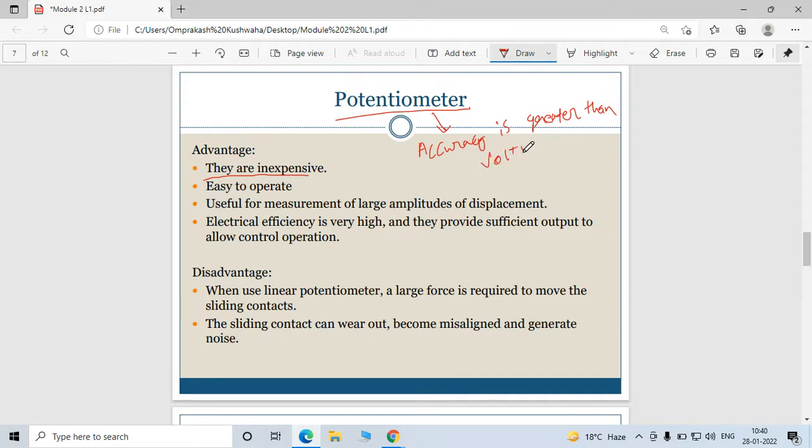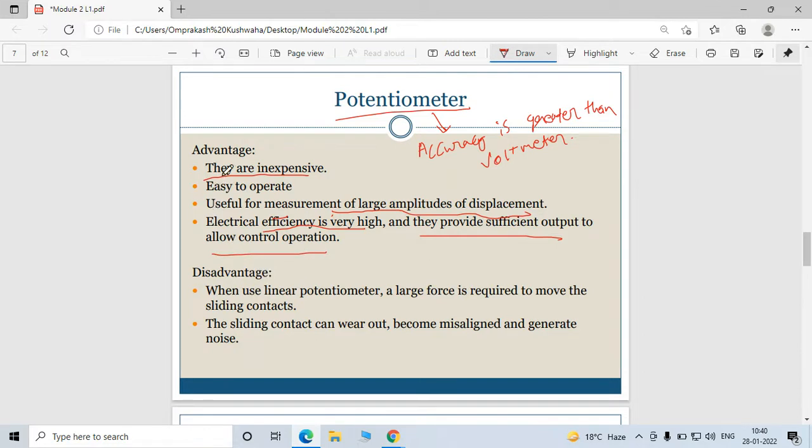Now, it is easy to operate, useful for the measurement of large amplitude of displacement. Electrical efficiency is very high, and it provides sufficient output to allow control operation.